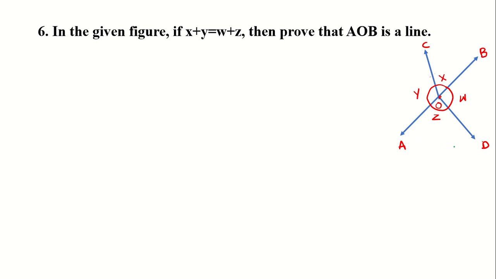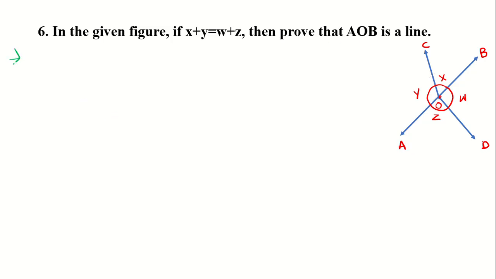So a figure is given here. As you can see, a straight line AB is given, and on that we have two rays OC and OD, and it is given that x plus y is equal to w plus z. Then we are required to prove that AOB is a line.